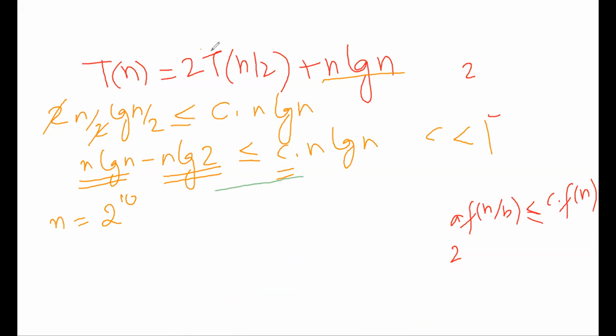I'll just substitute the values. 2 to the power 10 log 2 to the power 10 is 2 to the power 10 into 10, minus 2 to the power 10 log 2 to the base 2, compared with 0.9 into 2 to the power 10 into 10.